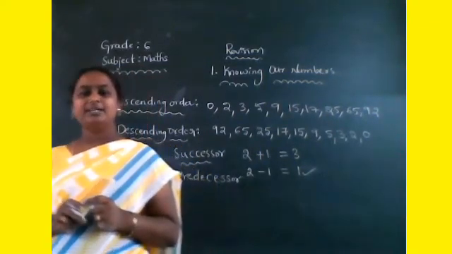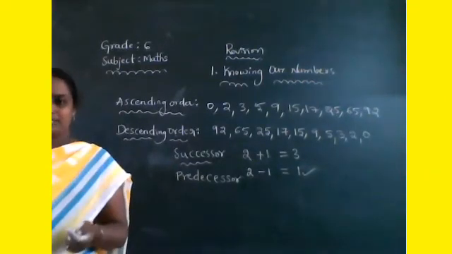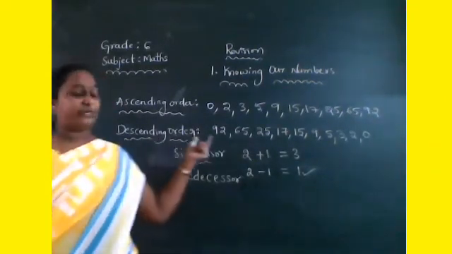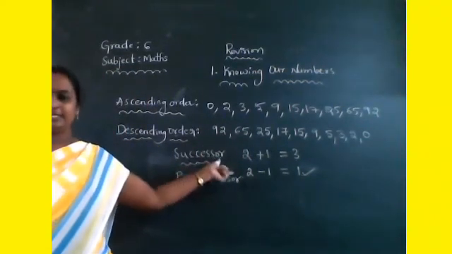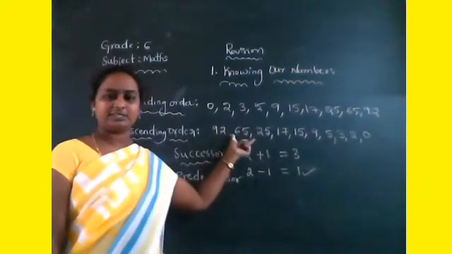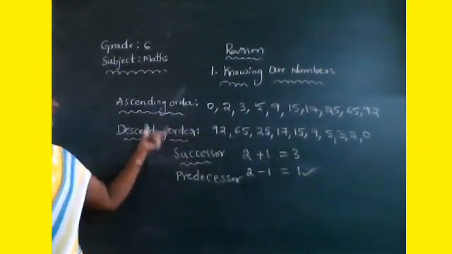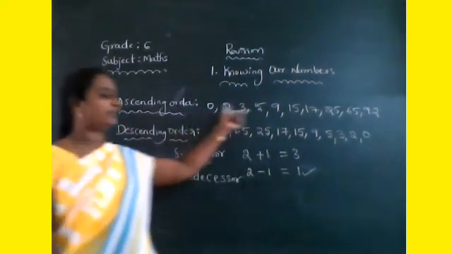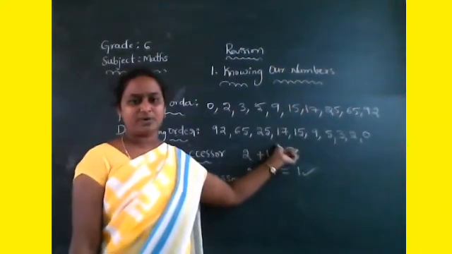Okay children? Now, you have seen how to arrange the numbers from bigger to smaller, smaller to bigger. That arranging order is called ascending order and descending order. Ascending order means smaller to bigger. Descending order means bigger to smaller.